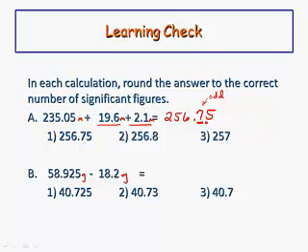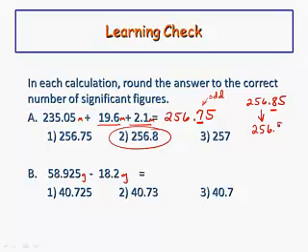So this would round to 256.8. If the number had been, for example, 256.85, where the number that I'm rounding was even, I would leave it the same, and the answer would have been 256.8.